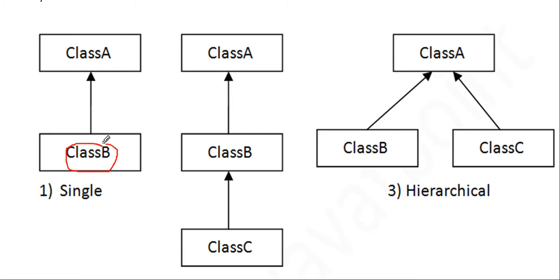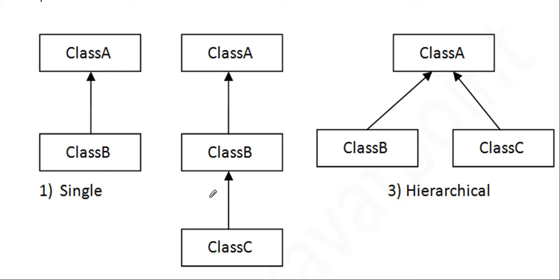Property means variables and methods belonging to class A, and here it is a single type of inheritance, meaning there is one child and parent relationship between class A and class B. How do we write the code? Class B extends class A. The extends keyword is used to inherit the properties of class A in class B.